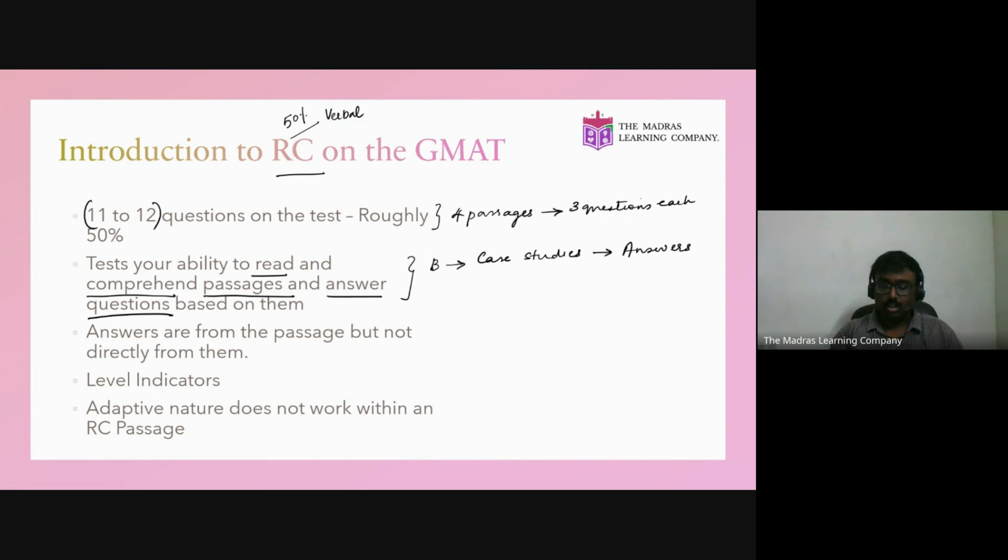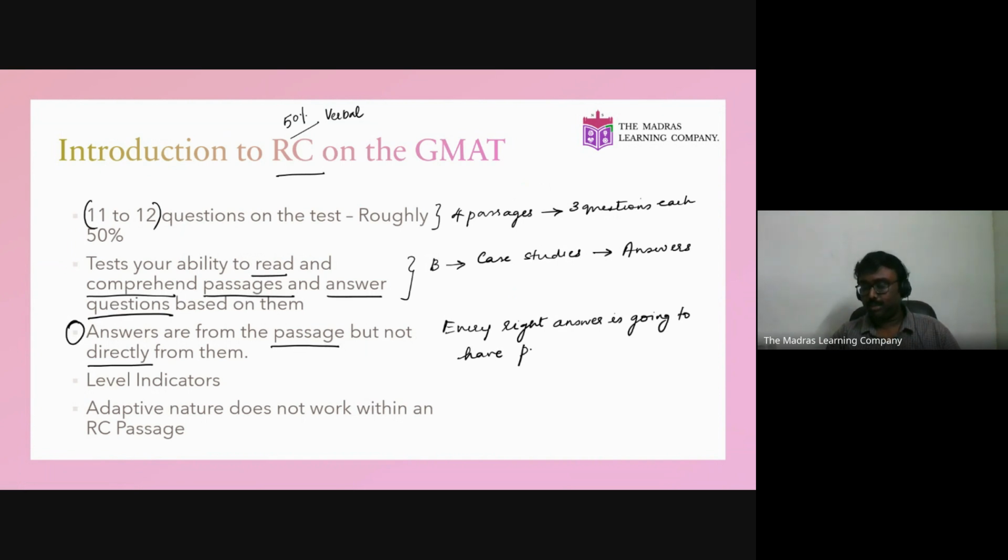Now the most confusing part is this one. Answers are from the passage for sure, but they're not directly from the passage. What do I mean by this? One thing I can tell you for sure is that every right answer, let me write that down, is going to have some proof in the passage.